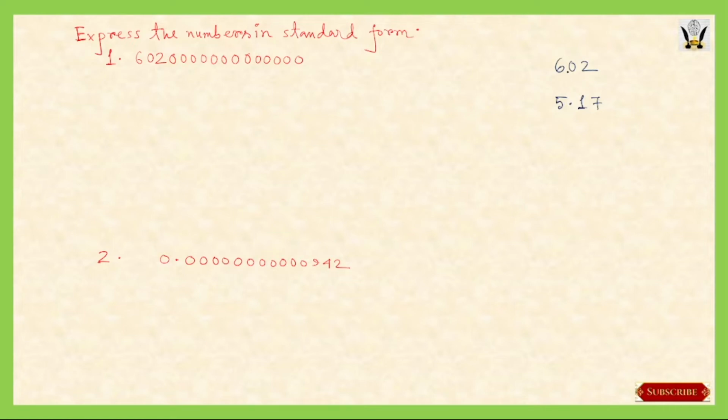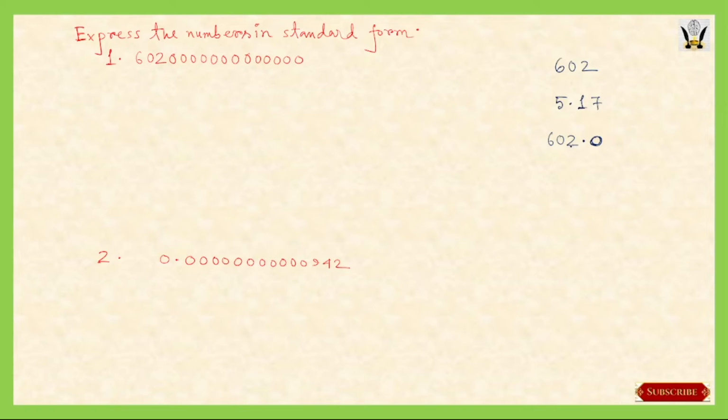Now for 602, if we take this example, then it may apparently seem, where is the decimal point? In 602, there is no decimal point. Basically the decimal point is after the last digit, the digit that we have at the unit place. So 602 can be thought of as 602.0.